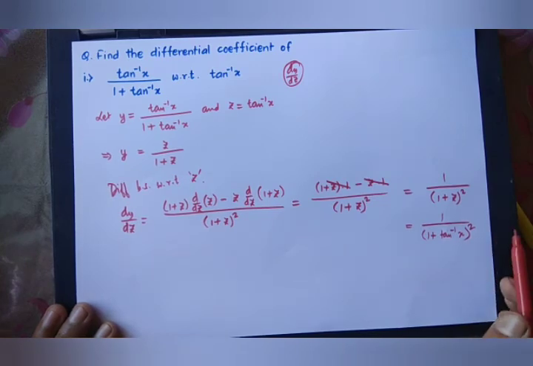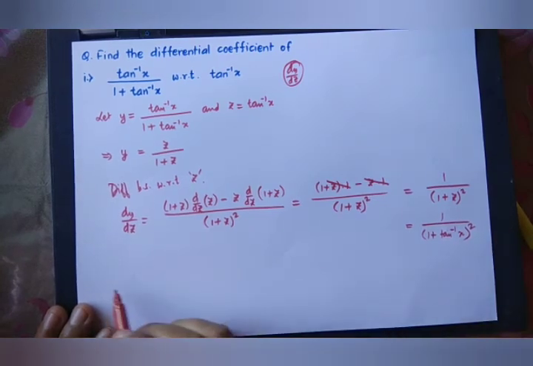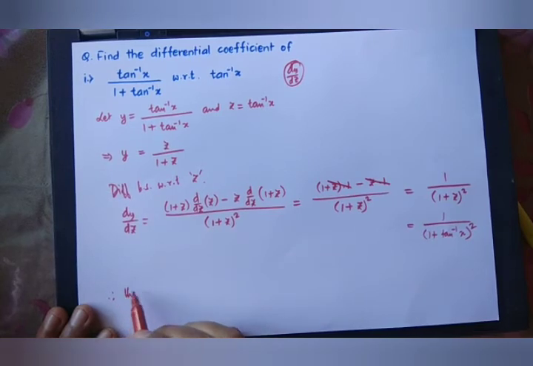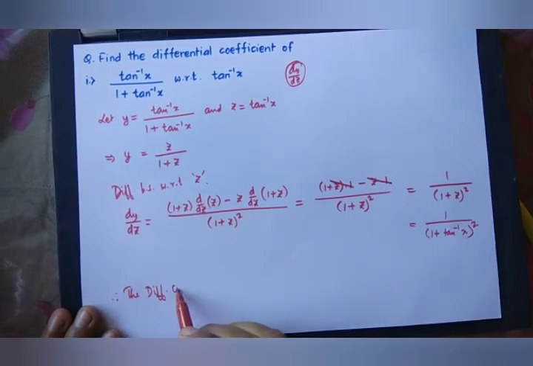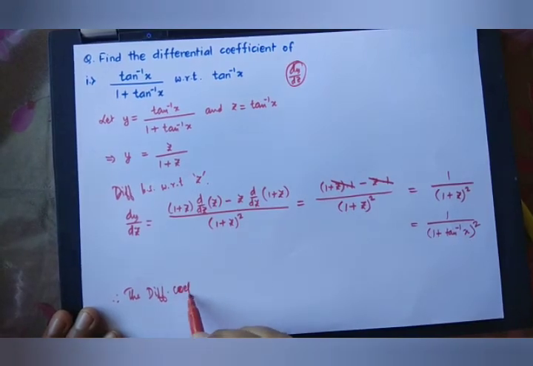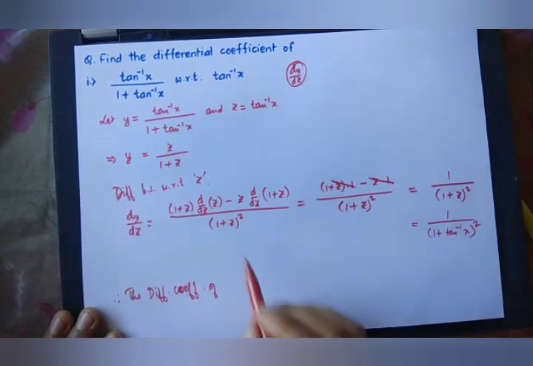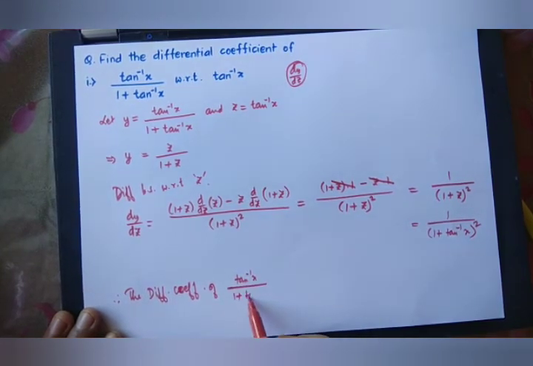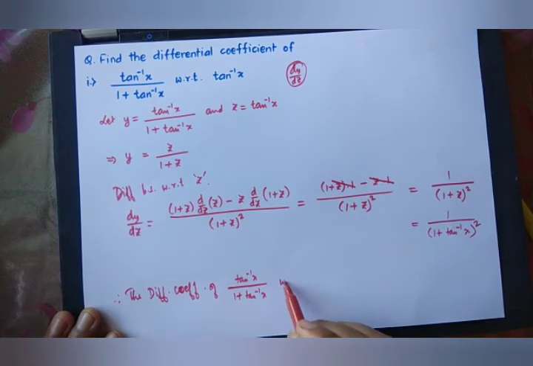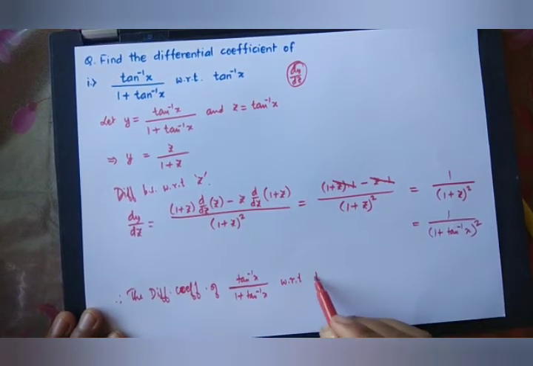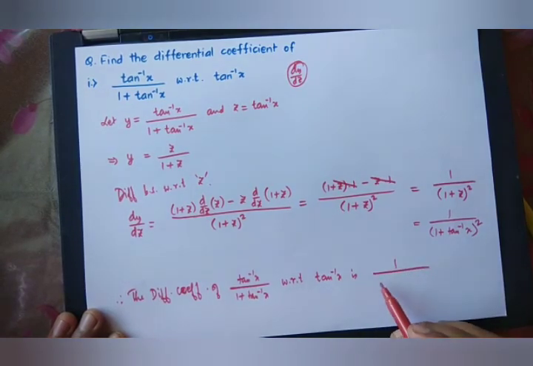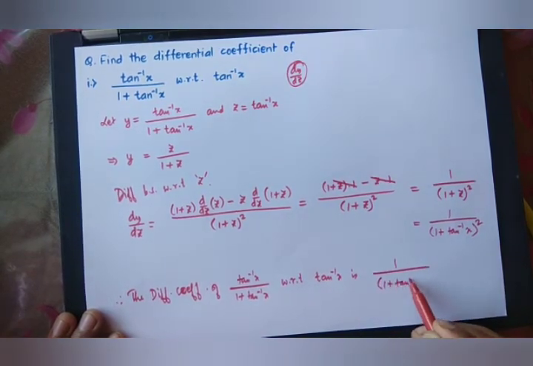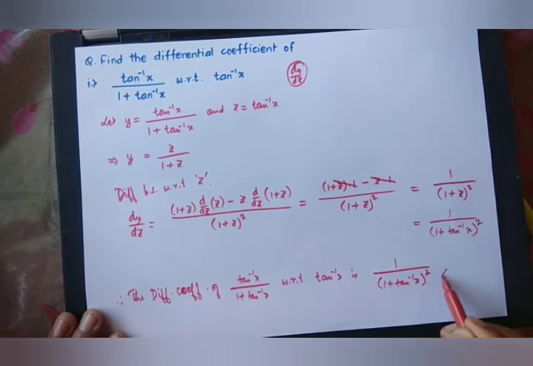But ultimately what you need to write is, therefore the differential coefficient of tan inverse x by 1 plus tan inverse x with respect to tan inverse x is 1 by 1 plus tan inverse x whole square. So this is our answer.